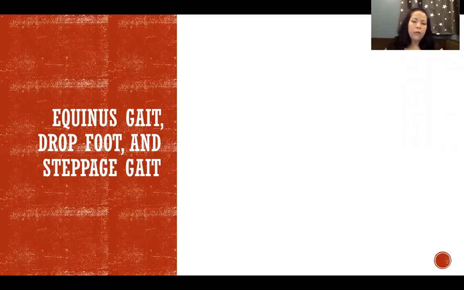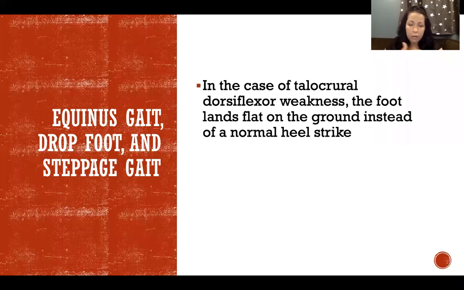Equinus gait, drop foot, and steppage gait. They're all related, caused by a very similar problem, which is why I grouped them together here. So in the case of talocrural dorsiflexor weakness, really tibialis anterior is the primary one there, the foot lands flat on the ground instead of a normal heel strike. It's hard to get a normal heel strike if we can't properly dorsiflex.